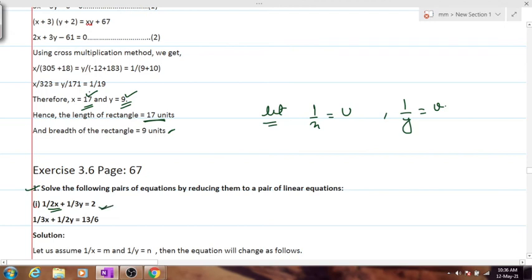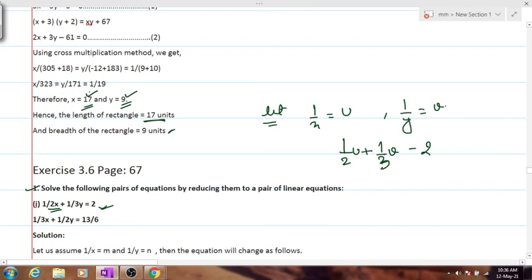So from the first equation, can I write 1 by 2u plus 1 by 2v is equal to 2? Yes or no?